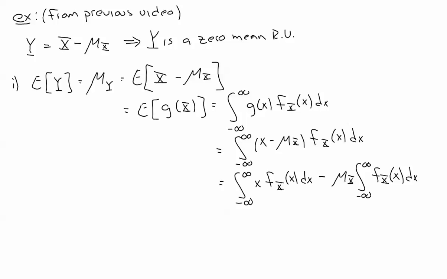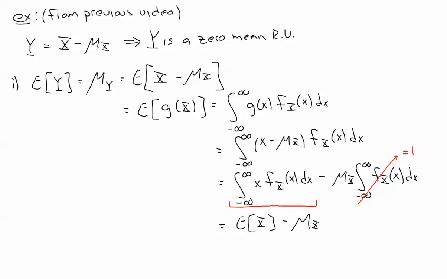Okay, well, now let's notice that the area under any probability density function is exactly 1. And this is the expected value of x. So we can continue, we can say that this is the expected value of x minus mu x.